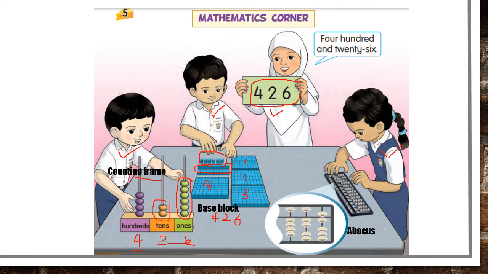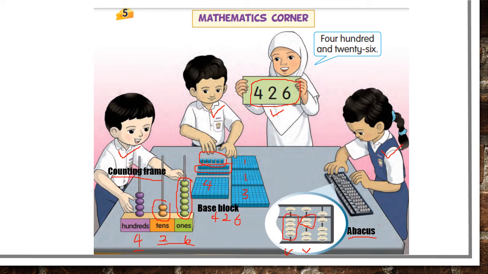This girl represents the number using abacus. So the first pillar represents the place value of hundreds. The first pillar. So we need 4 beads. The second pillar represents tens. So we need the value of 2 here, 2 beads.